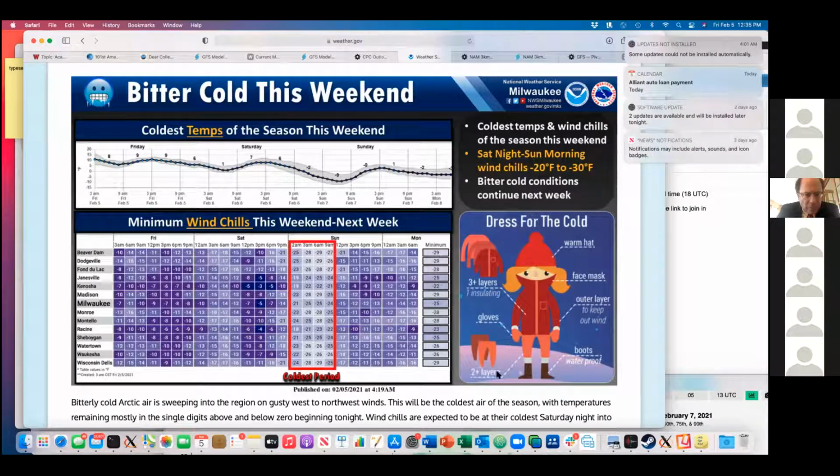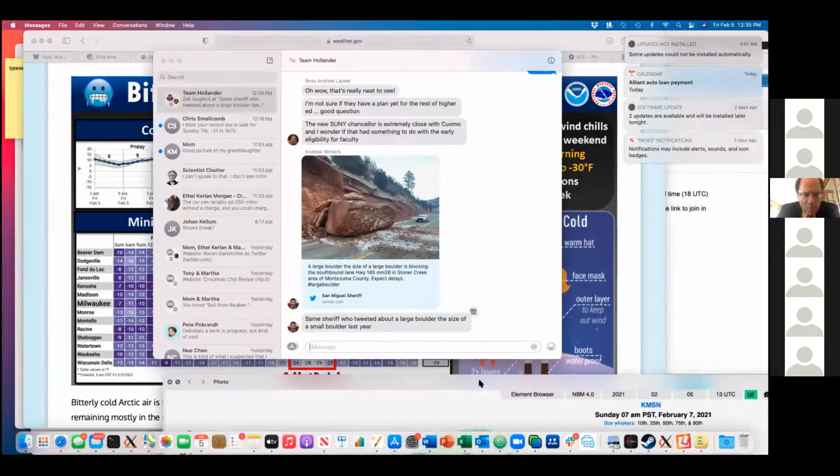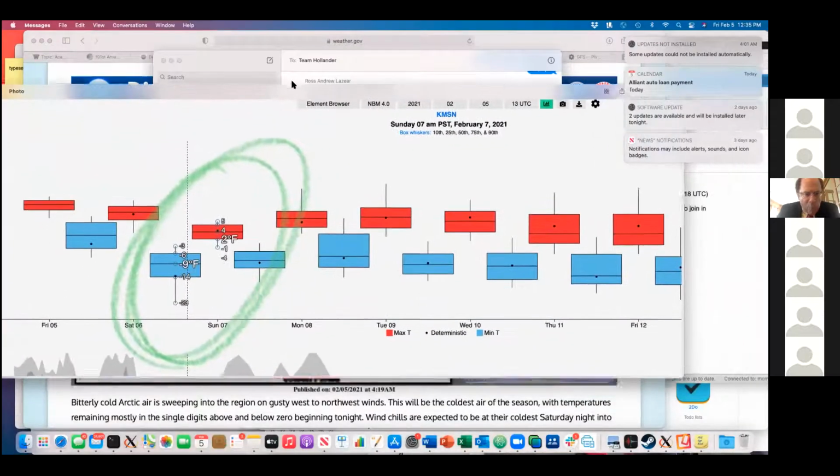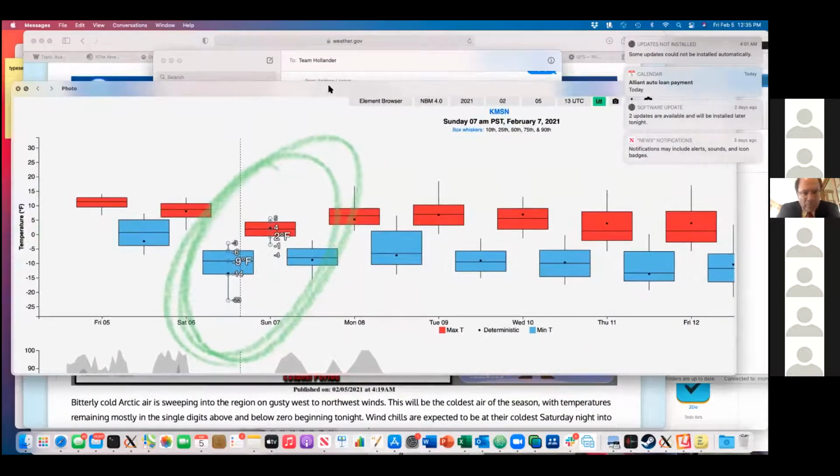While John was talking, I also got a nice image relayed to me from Chris Smallcombe, who's a graduate of our program and is a warning coordination meteorologist out in Reno, Nevada. This is a box and whiskers plot for the next several days for Madison in particular. Since he's out on the West Coast in Reno, this is Pacific Standard Time.